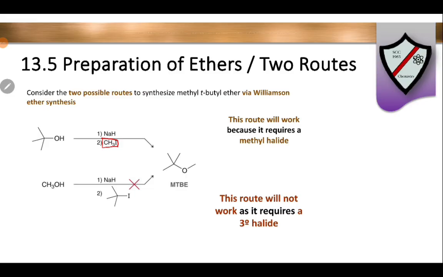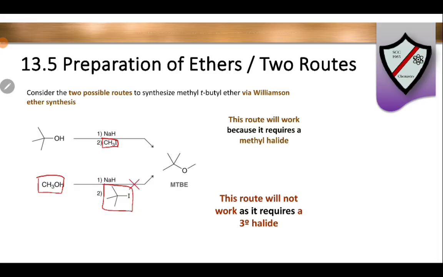The bottom reaction shows methanol being treated with the sodium hydride. So we're deprotonating methanol and then trying to substitute a tert-butyl iodide molecule in at that position. And we have learned, and it's been shown experimentally, that this is not a favorable reaction.